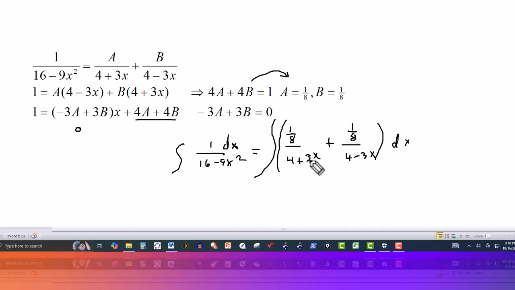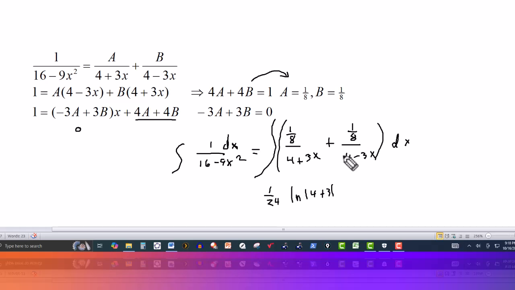Using u substitution, u equals 4 plus 3x, then du is 3 dx, so dx is du divided by 3. I'm going to get 1/8 times 1/3, which is 1 over 24. And this turns out to be du over u, which has an integral of ln of the absolute value of 4 plus 3x. And then it's the same thing, except this one I have 4 minus 3x.